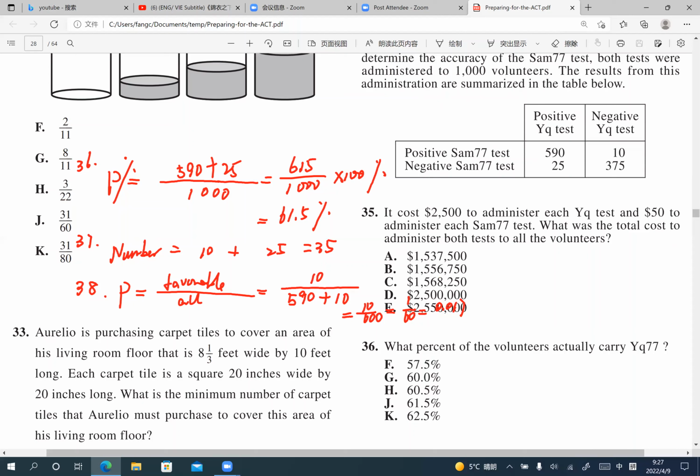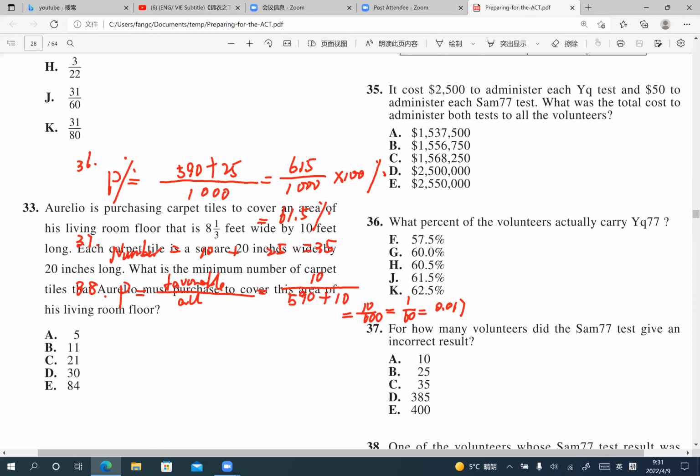And the total number of volunteers is 1,000. So the percentage is equal to 615 divided by 1,000 times 100%, which is 61.5%. So for 36, we should choose option J.